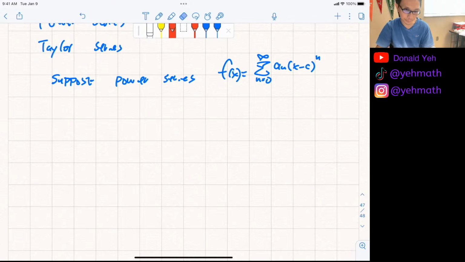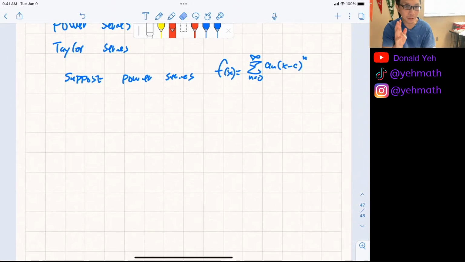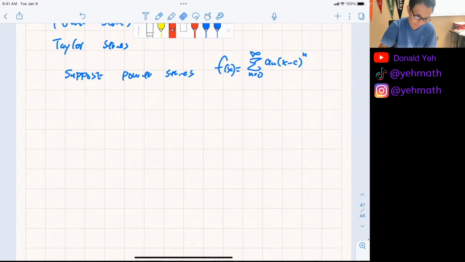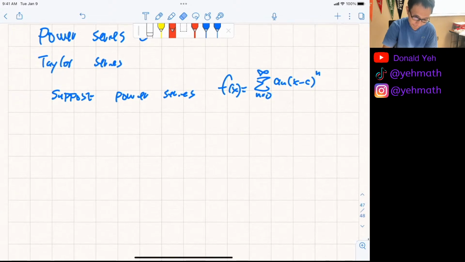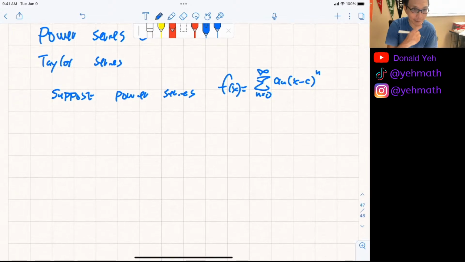This is the actual proof. Now you don't have to copy down this part, but I'm still gonna show you. If you don't want to copy it down, you're more than welcome to take a picture of it.